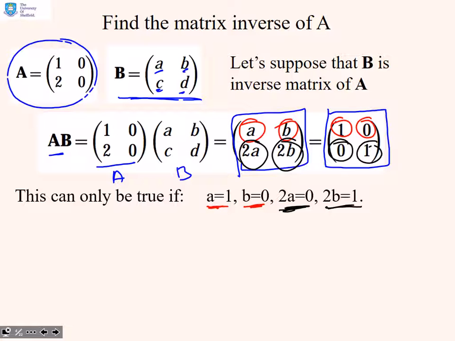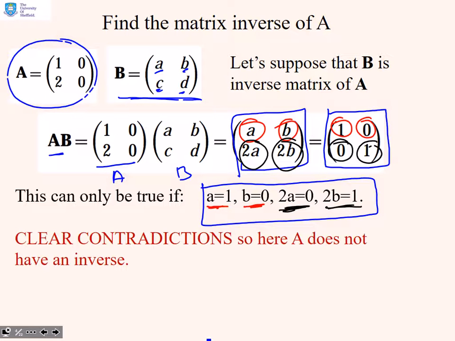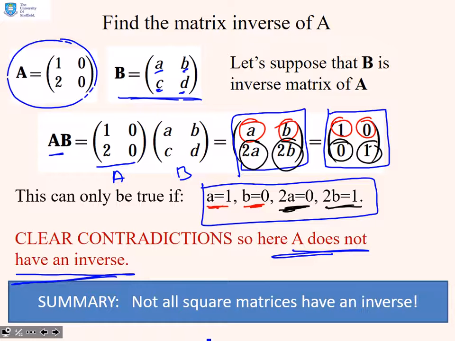Now, if you look at these four conditions here, you will see straight away they are inconsistent. They give us contradictions. So here, A does not have an inverse. So we've given an example here of a square matrix which does not have an inverse. And the main point that you remember is not all square matrices have an inverse.